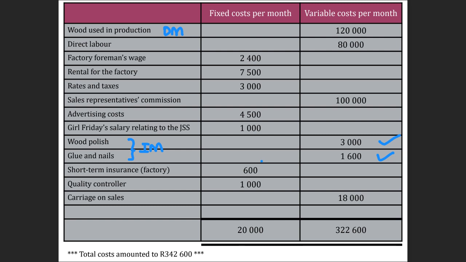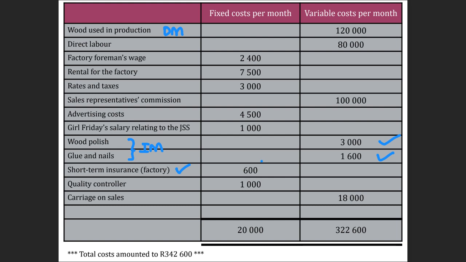Then your insurance also falls under the category of fixed costs because insurance will be the same if you have a premium on your insurance of 1,500 Rand. It does not depend on how many units the company is producing. It will stay the same at 1,500 whether they're producing nothing at all in a particular month, they'd still have to pay the 1,500, or whether they're producing 5,000 units, it would still be 1,500 Rand that they would need to pay in terms of insurance.